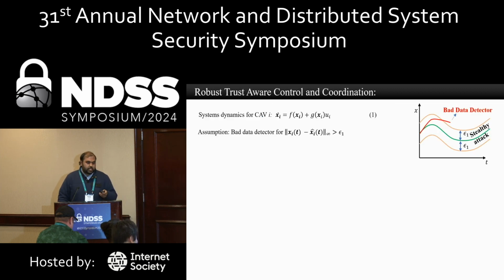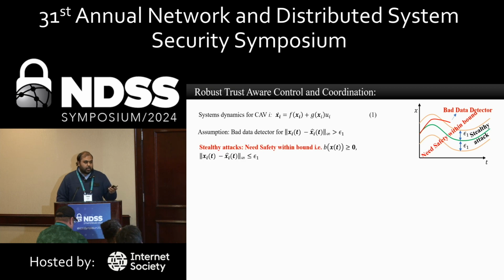The other thing we said was, okay, what happens when you have this bounded perturbation or this control perturbation? And what I showed you a few slides back is that this can lead to accidents. So then what we need is something that will guarantee safety within this bounded perturbation.